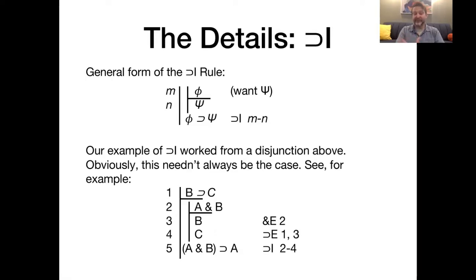The important pattern to notice in conditional introduction is that we're moving from an assumption to some intended goal. And the thing we assert outside of that subproof should have as the antecedent the assumption we made to start the subproof, and as the consequent, the last premise that we ended up with within that subproof. Of course, this example doesn't have that, because of a typo. This last A here should be a C instead.